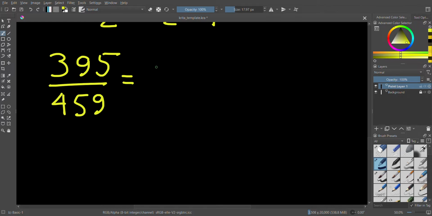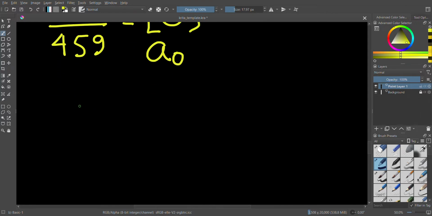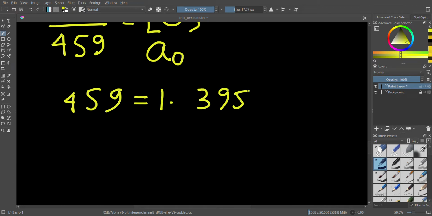All right. So the first term is going to be 0, your A0 term. That we know. And then the next term comes from taking 459 is equal to 1 times 395 plus 64 and dividing it by 395.